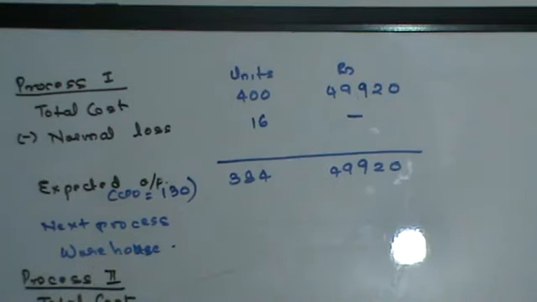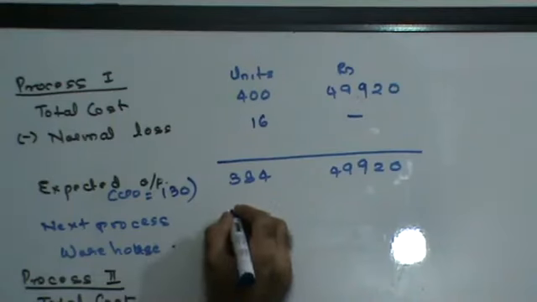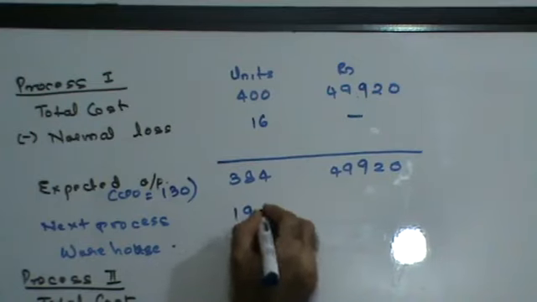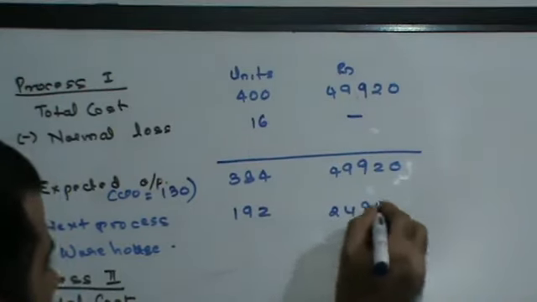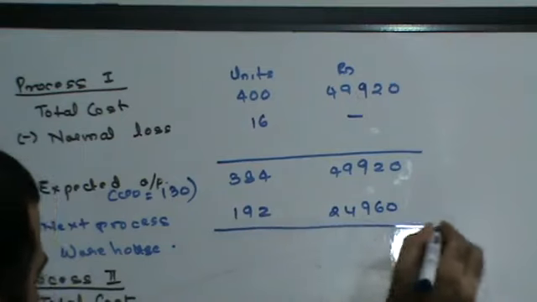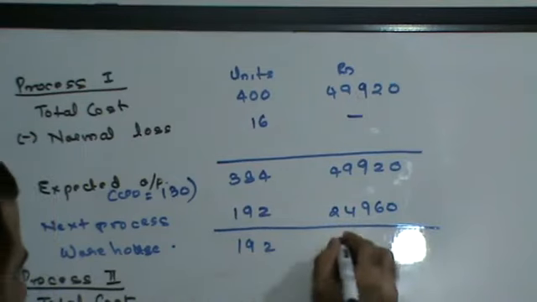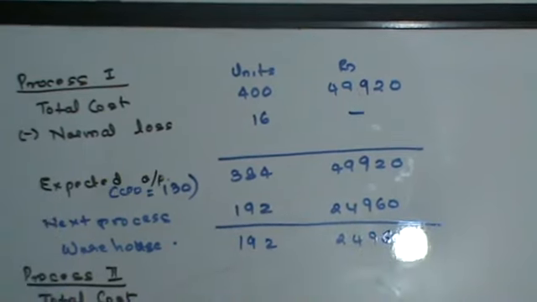Now they are saying that 50% of the output is transferred to the next process. 50%, that means 192. The transfer always takes place at CPU. So 192 multiplied by 130 is 24,960. So your balance is going to be again 192, 24,960.